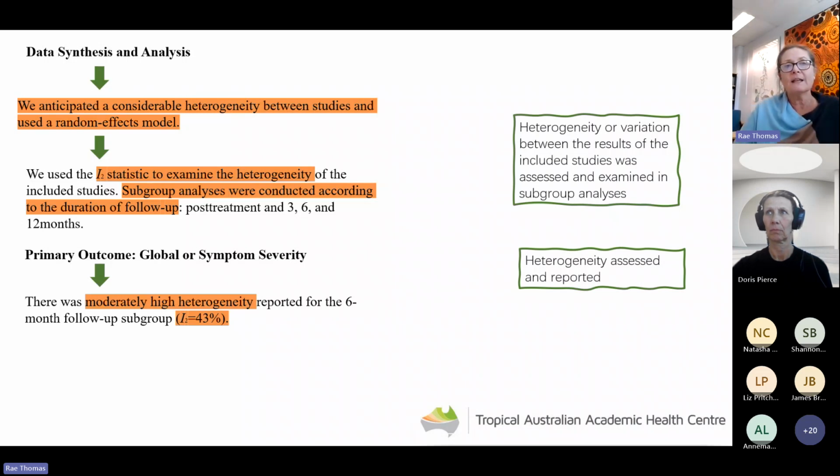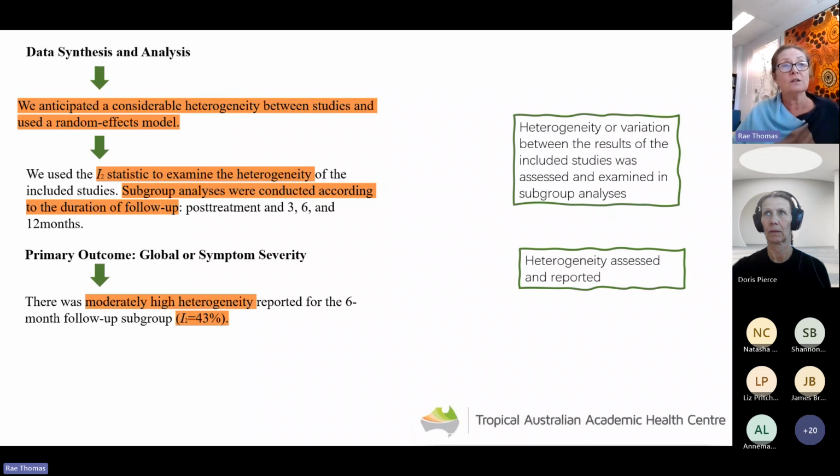The next bit is in the results section. So they said that the primary outcome that they were looking for was global or symptom severity. And they gave a clear description in the results section that there was moderate heterogeneity in the 6-month follow-up group for symptom severity, right?